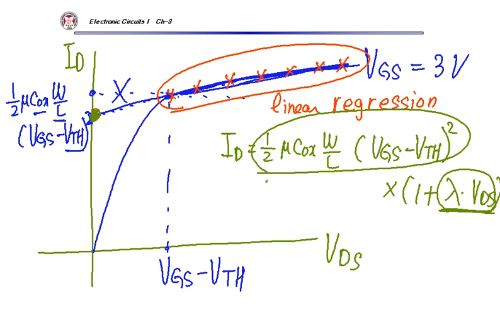This slope is the ratio. From that slope you can find this lambda. Okay.